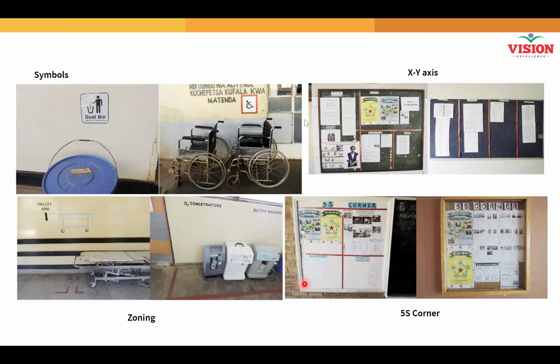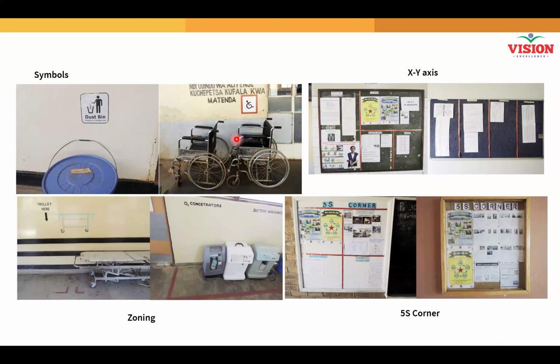And then zoning. If you are implementing 5S in any workplace, the first thing is to divide the workplace into zones, and then identify a zone leader who is responsible for effective implementation of 5S in his zone.